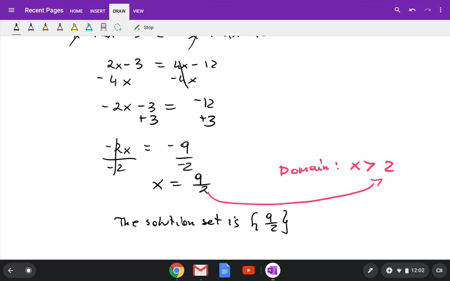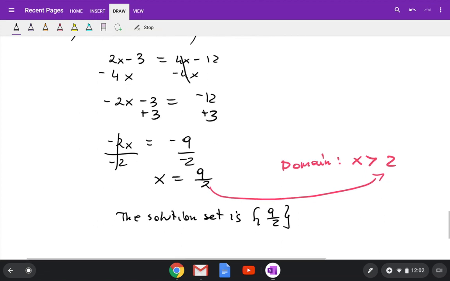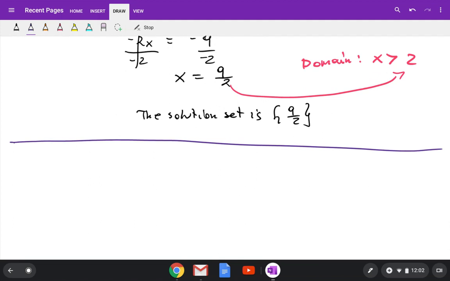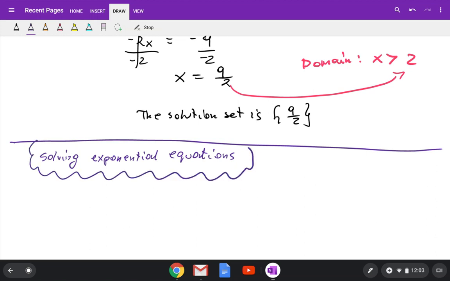Next, I want to talk about solving exponential equations. So the second part of the lesson is solving exponential equations. And also there's two ways to solve them.